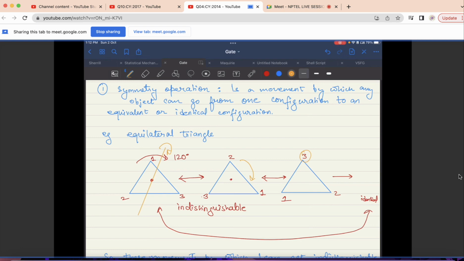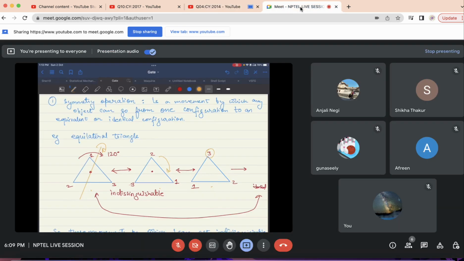But the point to be noted here is that the first configuration, the second configuration and the third configuration are not particularly identical, but they are indistinguishable, or equivalent to each other. Because if I am not tagging the particular side, there will be no distinguishability between them, hence they are equivalent.